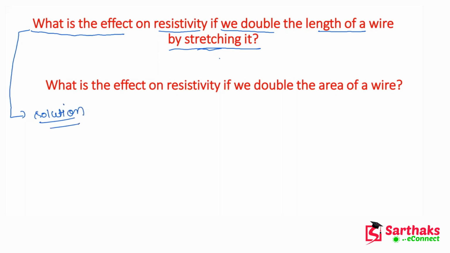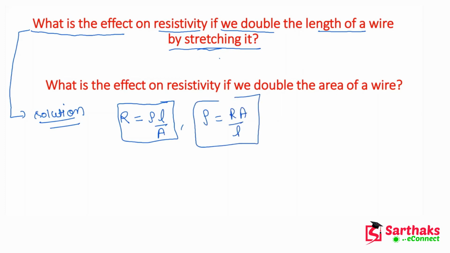We know, everybody knows that the formula for resistance is R equals rho L by A. Okay, rho L by A. So if you move this A here, then this will give you this formula. Now you might think that this resistivity is dependent on this area and this length.